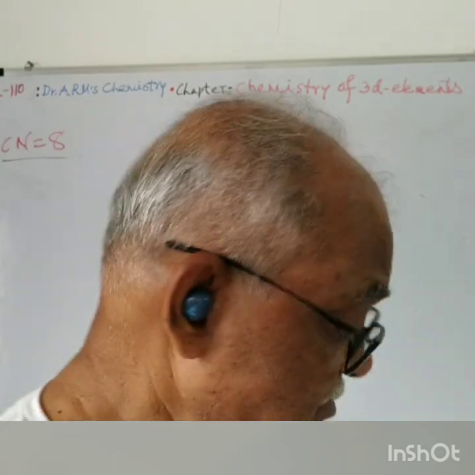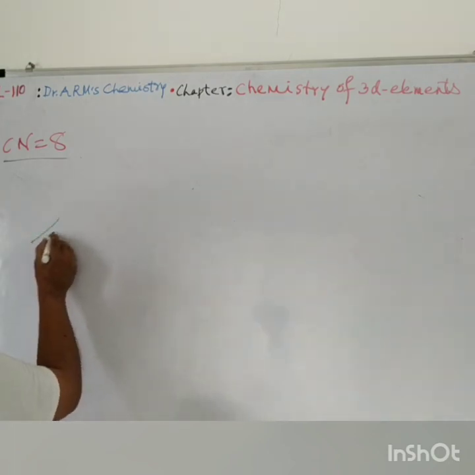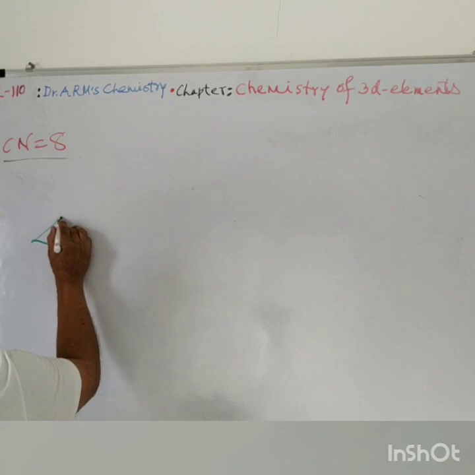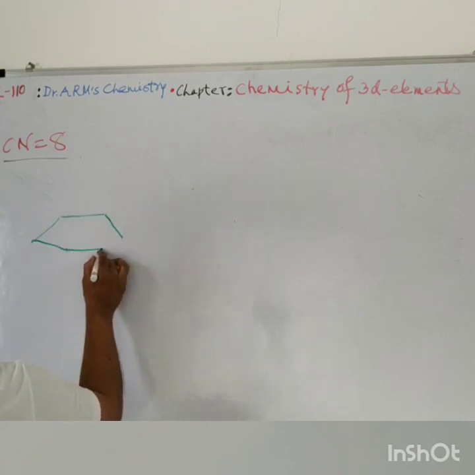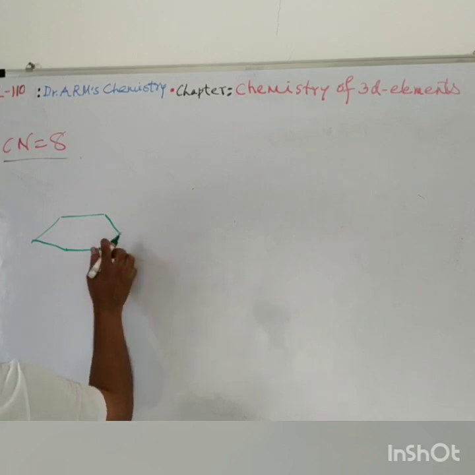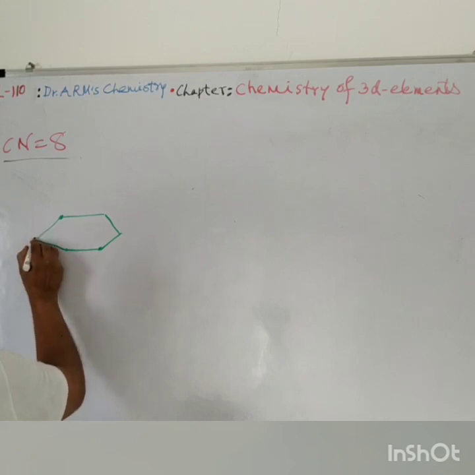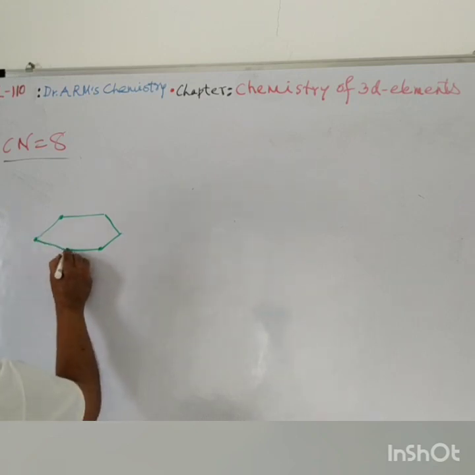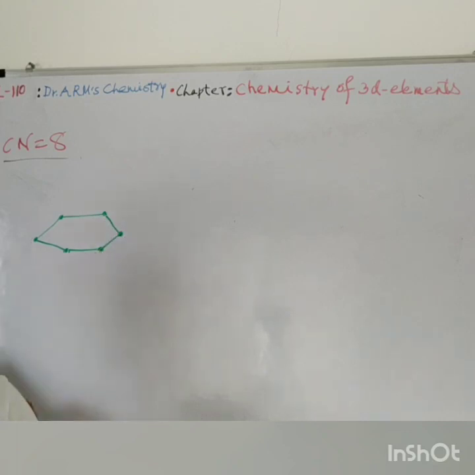This is the structure called hexagonal bipyramidal.